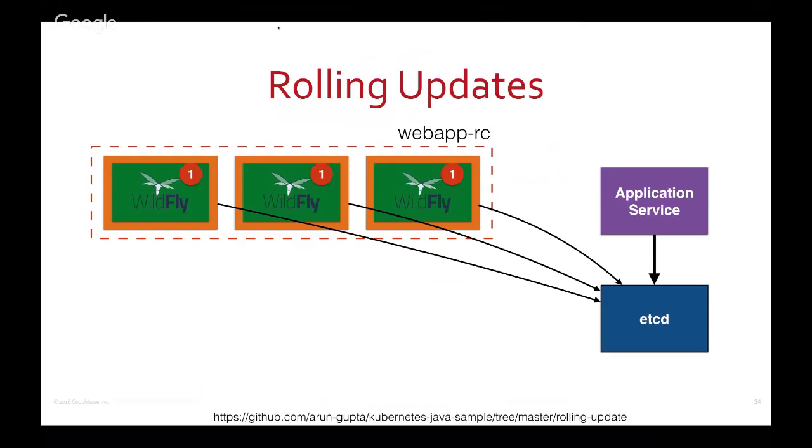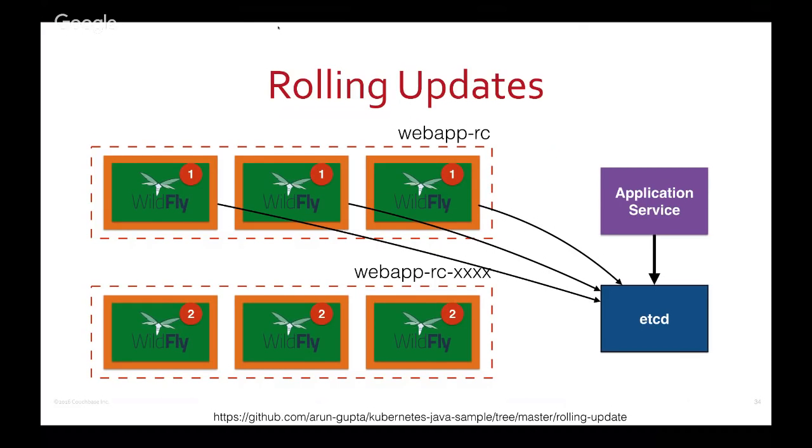When I give the command kubectl rolling update, it fires up another replication controller with the new version. Because I'm just updating the image version, each of these pods is registered into etcd as well.